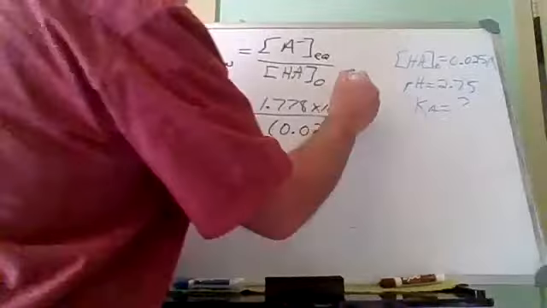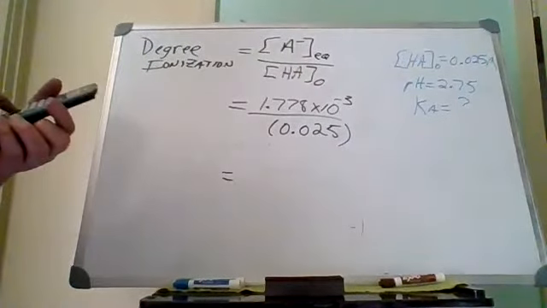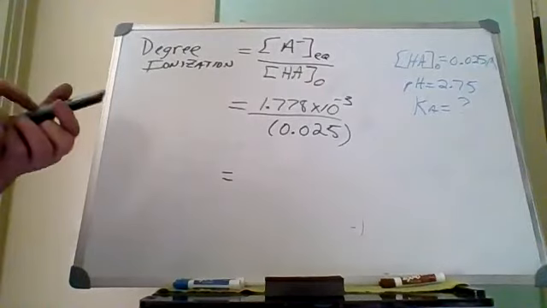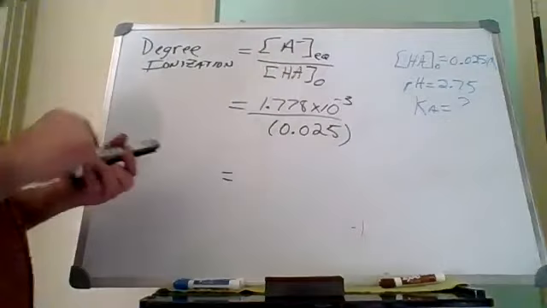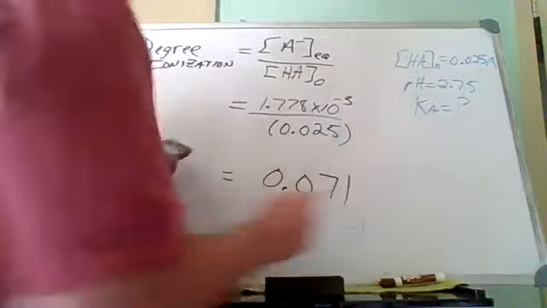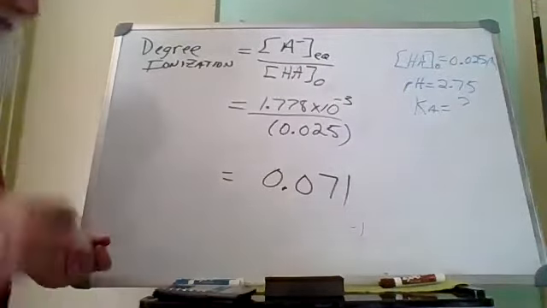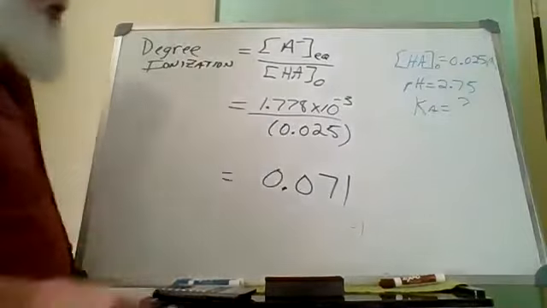Yeah, on the equilibrium constant, it was 4. So 1.778 times 10 to the negative third divided by 0.025 equals 0.071, which is what's in the back of the book. Okay? So we see how to get the degree of ionization.